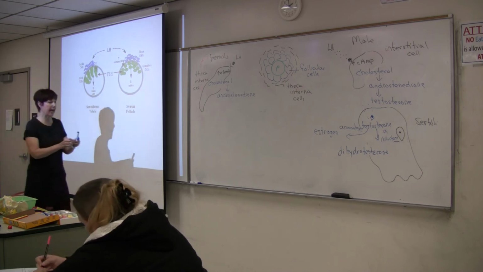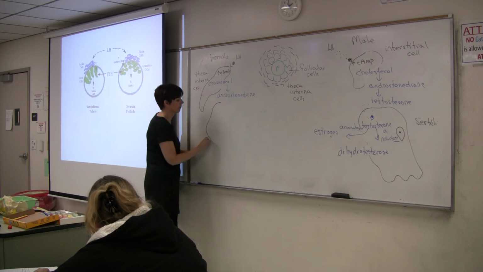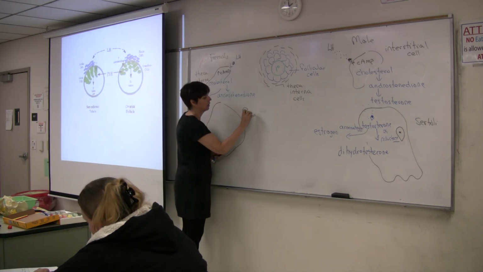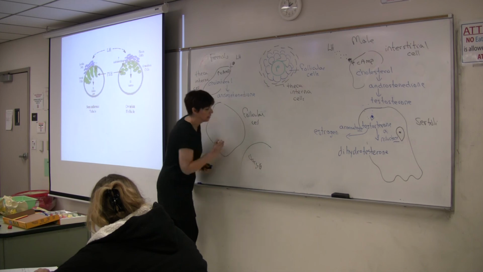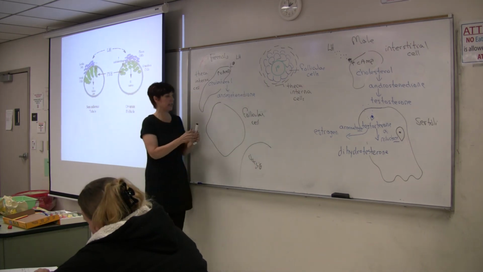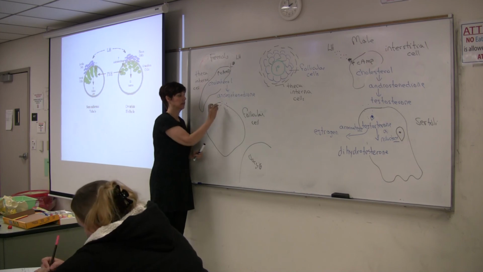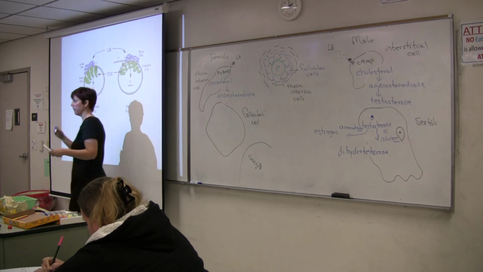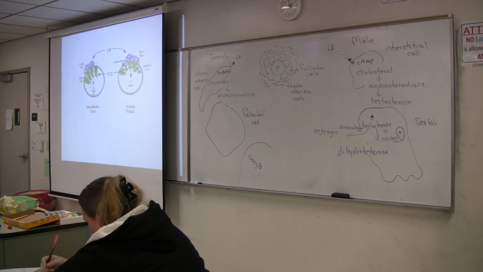So we see that same homology. The follicular cell, here would be our oocyte. The follicular cell is going to have the androstenedione produced by the theca interna cells diffuse into it. Remember, androstenedione is made from cholesterol.